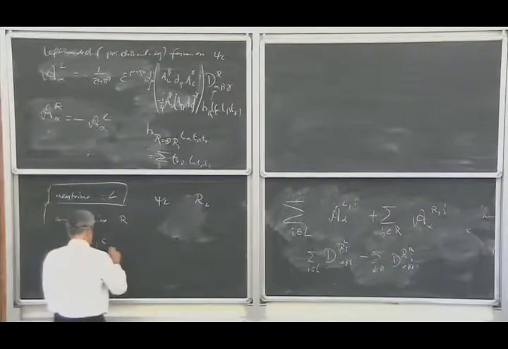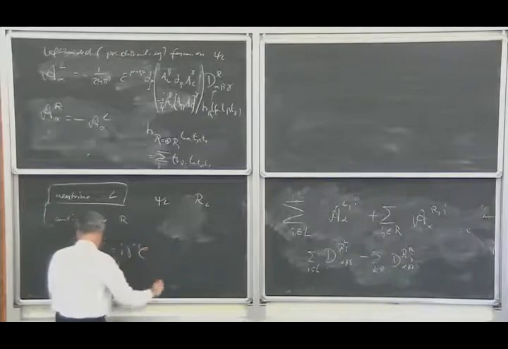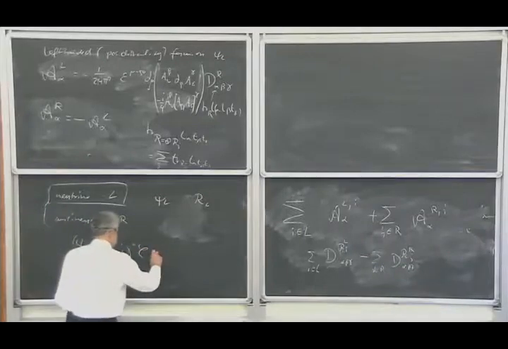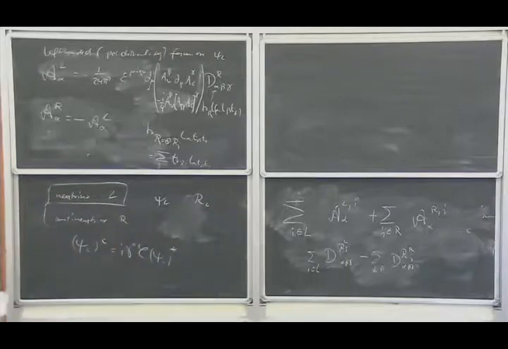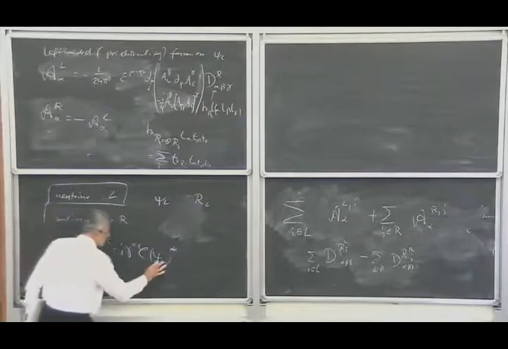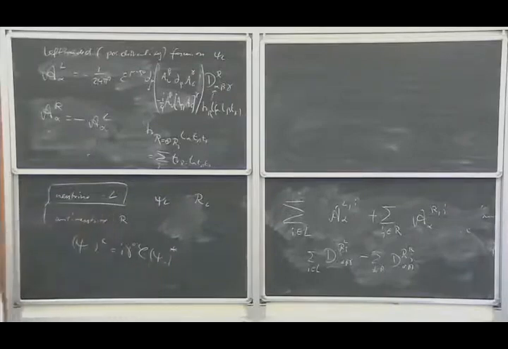Now, how do we get the charge conjugate spinor? Well, the charge conjugate spinor is i gamma 0 C psi complex conjugate. There's a charge conjugation matrix C. In general, let's not put the L yet. For any Dirac spinor, the charge conjugate spinor is this one.